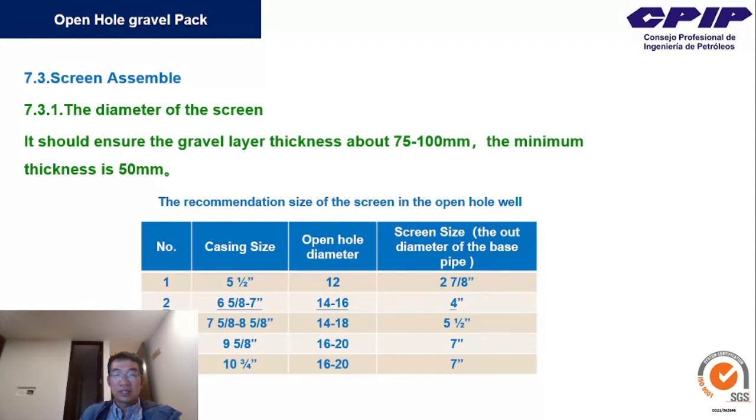The casing size from 7.58 to 8.58 inch, the open hole diameter is 14 to 18, and the screen size is 5.5 inch. The casing size is 9 5/8 inch, the open hole diameter is 16 to 20, and the screen size is 7 inch. The casing size is 10.34 inch, the open hole diameter is 16 to 20, and the screen size is 7 inch.